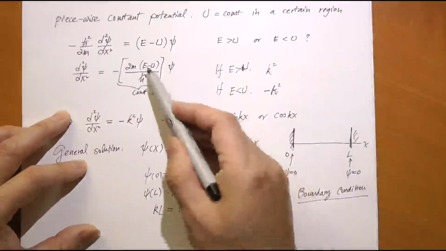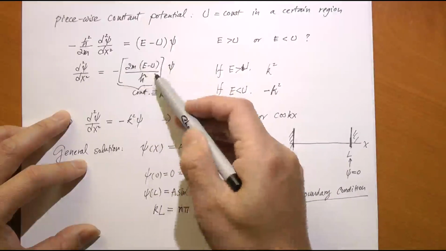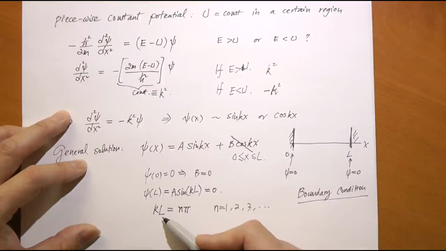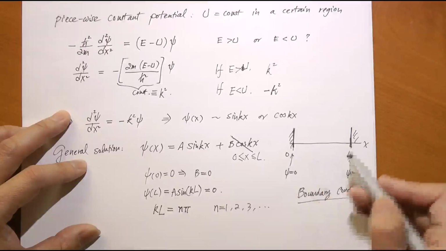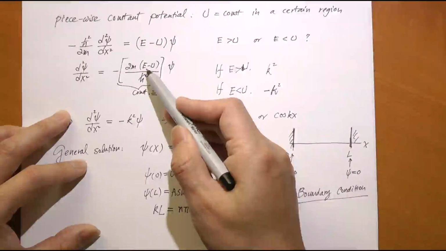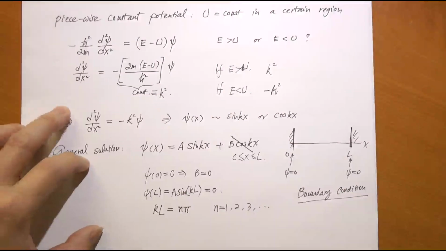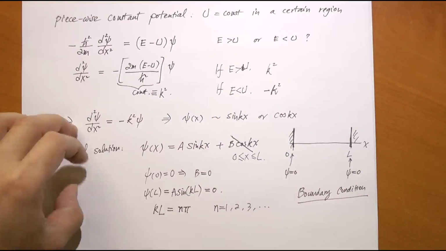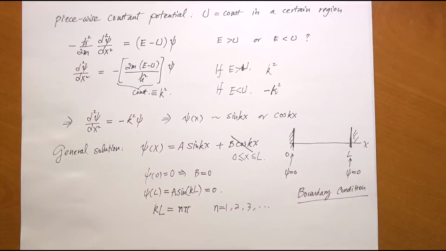And k is related to the energy. See that? k squared equal to this. So if k is quantized because of the boundary condition, then so is the energy E. We have therefore arrived, for the first time, at the quantization of energy through a strict derivation, not just an artificially imposed quantization condition.